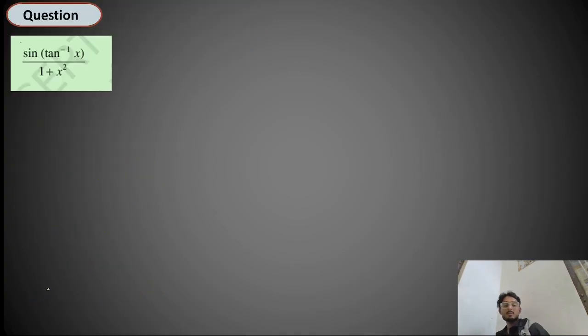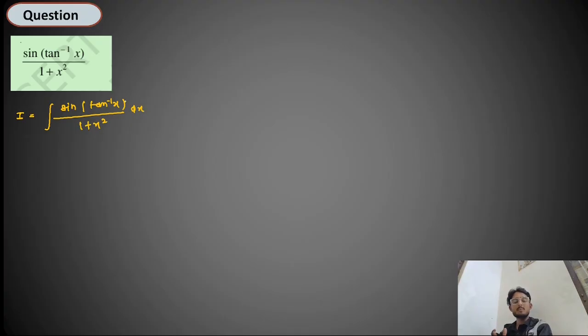Let's move on to another question. Here you are given sine of tan inverse x upon 1 plus x square. How can you find the answer to this question? First of all, you will write I equal to integral of sine tan inverse x upon 1 plus x square dx.